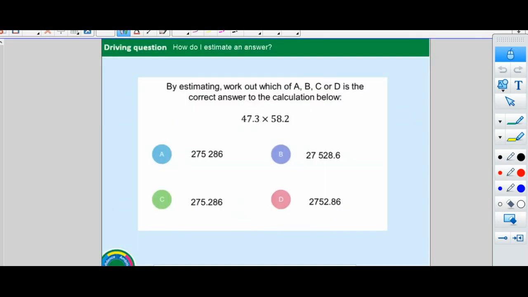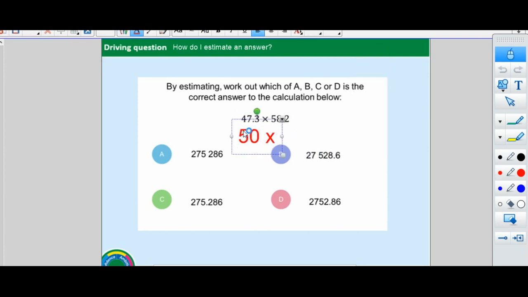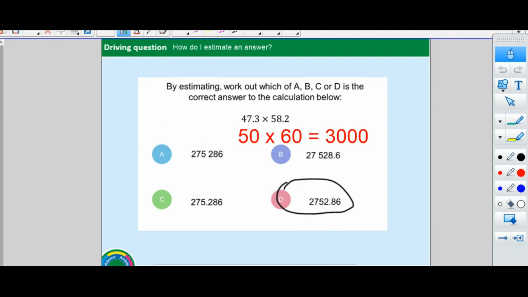So I would round that to 50 multiplied by 60, which would give me 3000. So it makes sense that this is the correct answer because it's close to 3000. This would be ridiculous. That's closer to 300,000.